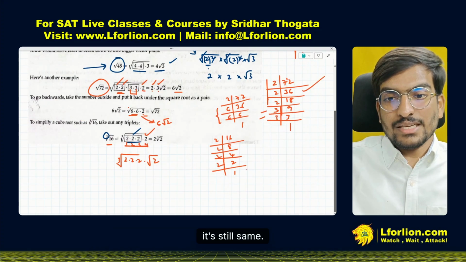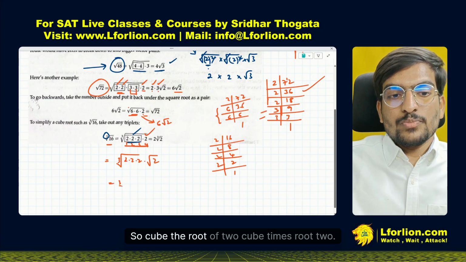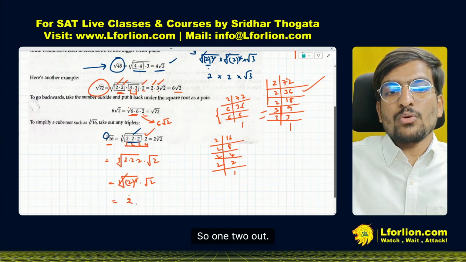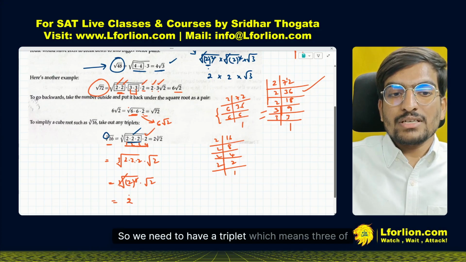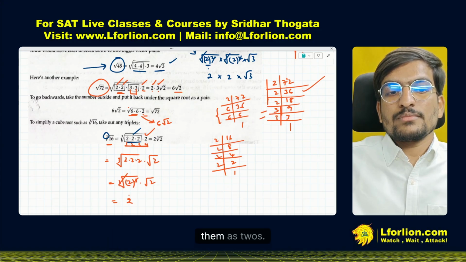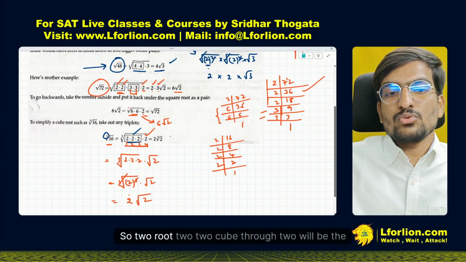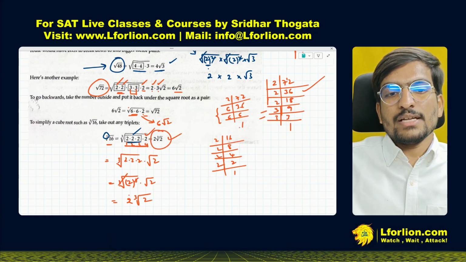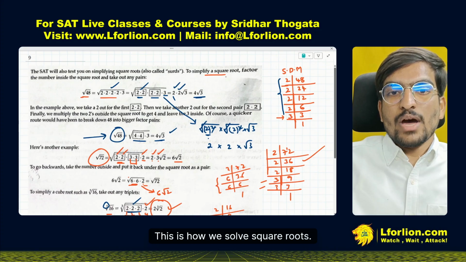It's still the same. So cube root of 2 cube times root 2. So cube and cube root cancel off. So one 2 comes out. You need to have a triplet, which means three of them as 2s, so you can get one 2 out of it. So 2 cube root 2 will be the answer. This is how we solve these roots.